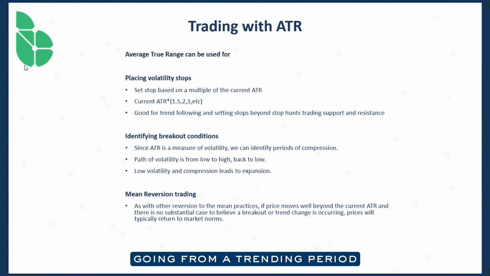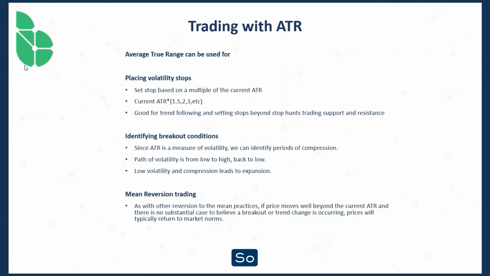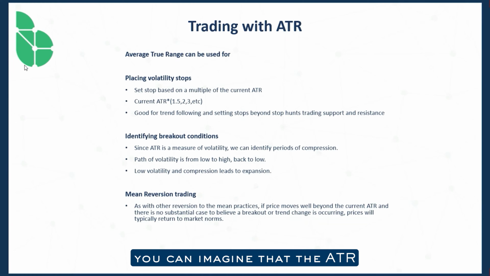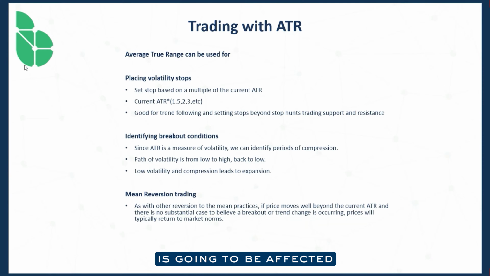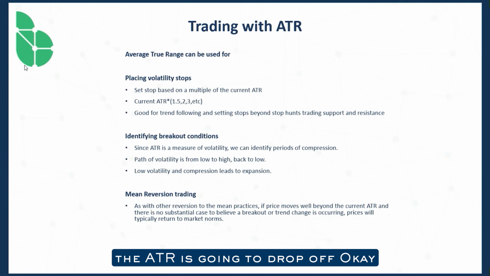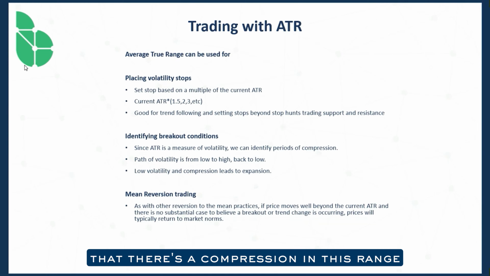In a trending period you have these really large expansive candles, meaning the range is large, so the ATR is going to be affected since it incorporates the range of price behavior. When the market starts to settle in and consolidate, the ATR is going to drop off. We're going to see with the ATR indicator that there's a compression in this range.